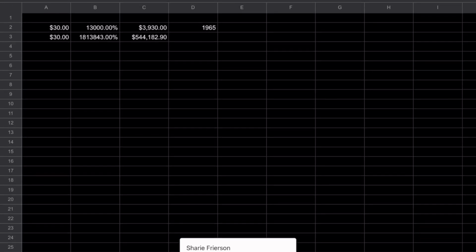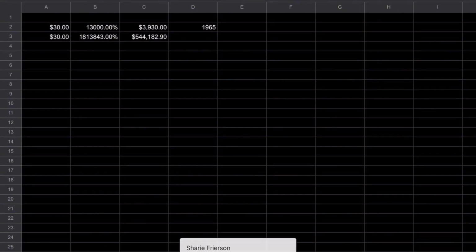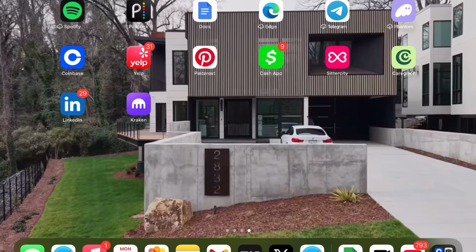I already created it. I put 13,000%, right? That would take $30 to close to 4,000, 39.30, right? Now, the other scenario is if it were to hit $1. Now, the highest it's been is over $100, right?